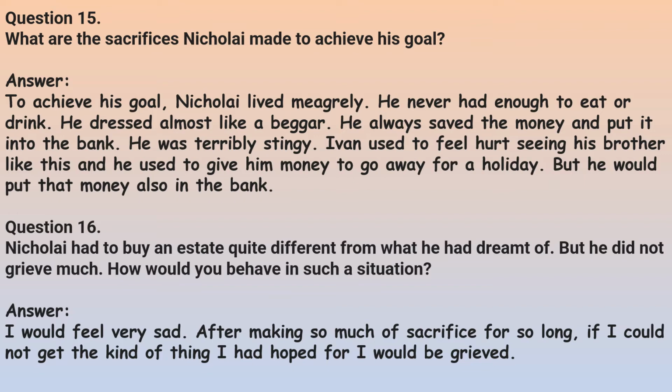He dressed almost like a beggar. He always saved the money and put it into the bank. He was terribly stingy. Stingy means not spending at all. Ivan used to feel hurt. He was very much disappointed seeing his brother Nikolai like this, and he used to give Nikolai some money to go away for a holiday trip. But he would put that money also in the bank, as investment.